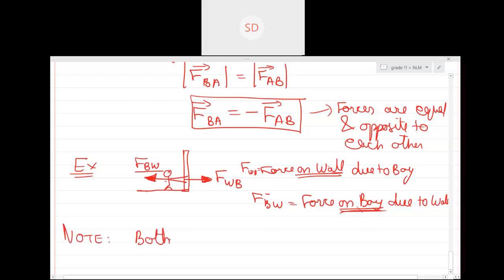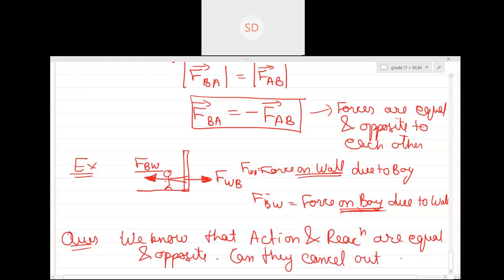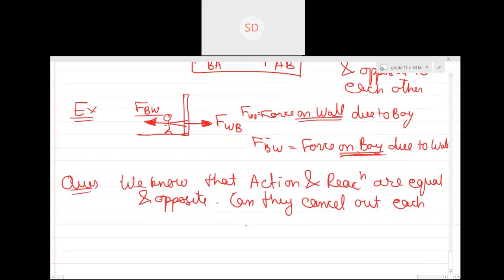A very important question they ask in school exams: since action and reaction are both equal and opposite, can they cancel out each other's effect?